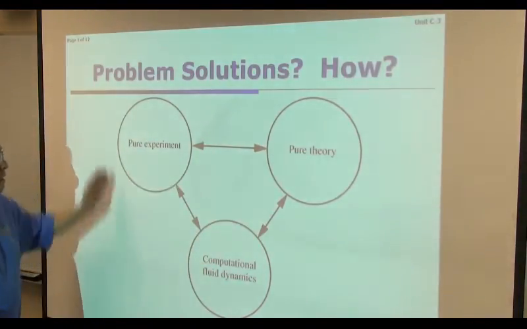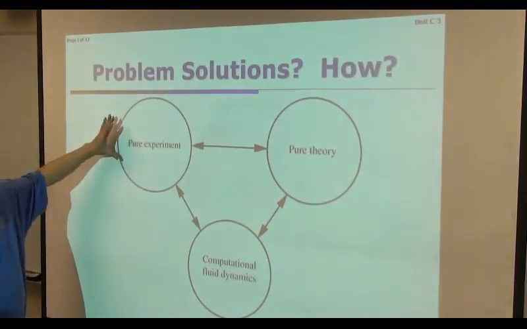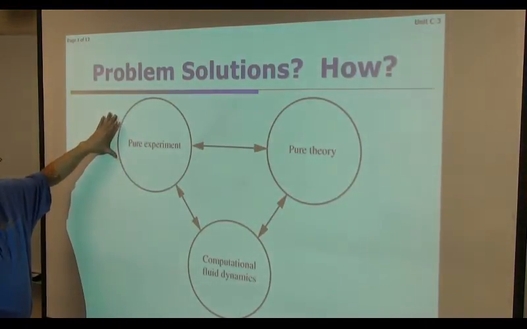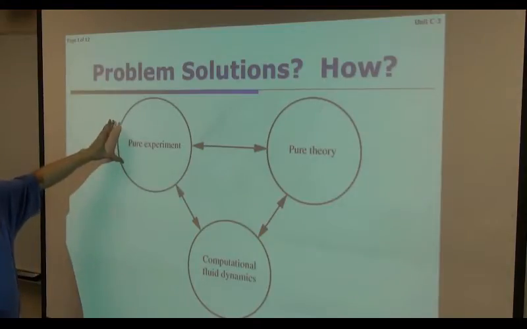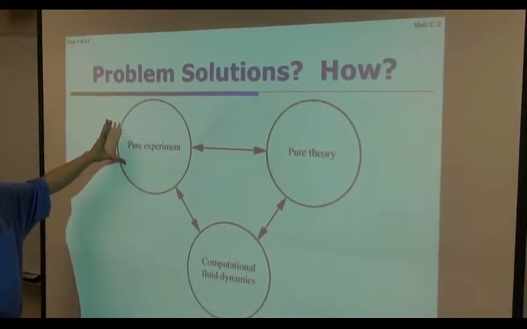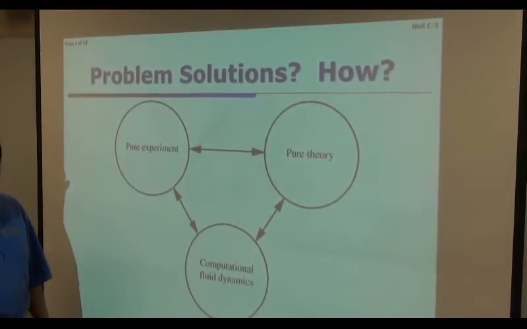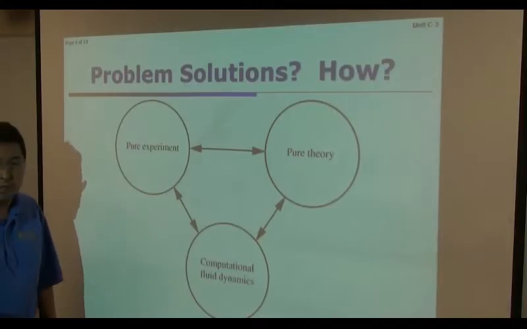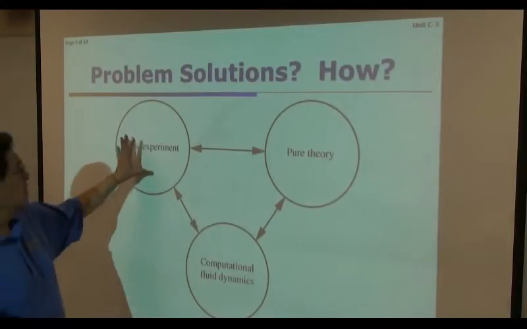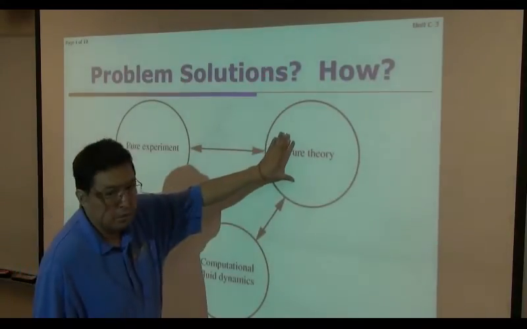Obviously, this one is pure experiment. If you are aerotrack students, you are going to take an experimental aerodynamics class later on. Of course, that typically uses wind tunnel testing to find out flow field properties and problem solutions. But this one is basically built upon this pure theory, Aero1.